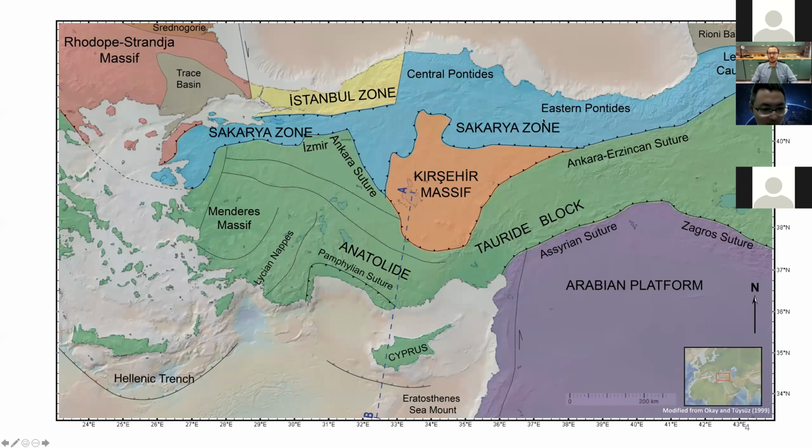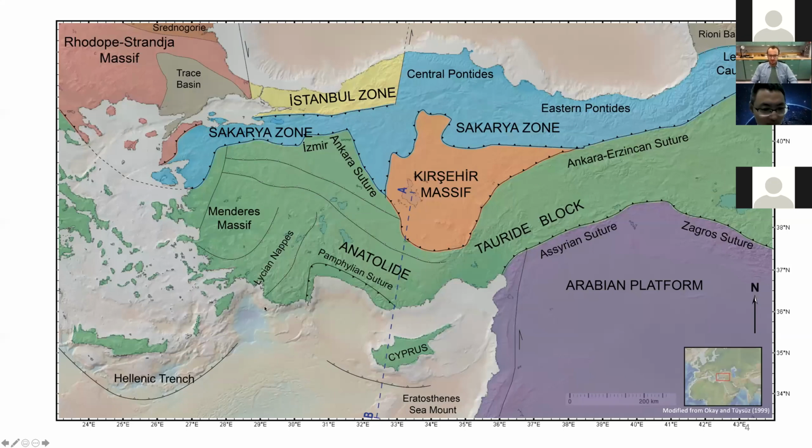For example, the Sakarya zone has Laurasian affinities, and south of the Sakarya zone are Gondwana affinities. Between the Sakarya zone and the Anatolide-Tauride block with the Kırşehir Massif, there is the İzmir-Ankara-Erzincan suture zone, which actually marks the graveyard of the Tethys Ocean. The Tethys Ocean subducted between these two units, bringing everything together and amalgamating it in the Eastern Mediterranean region.